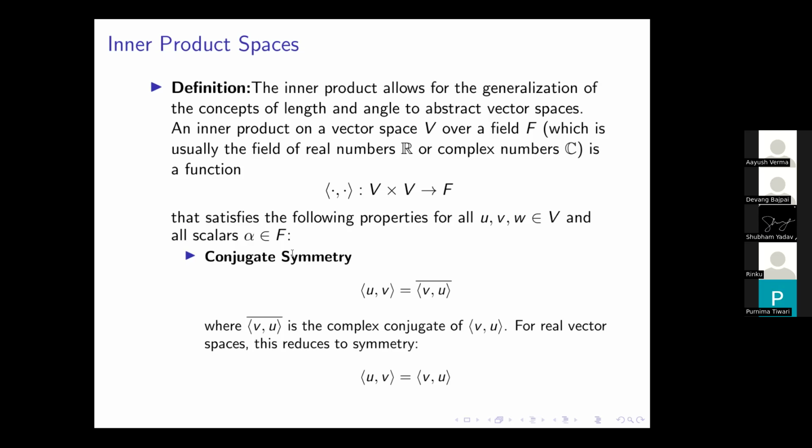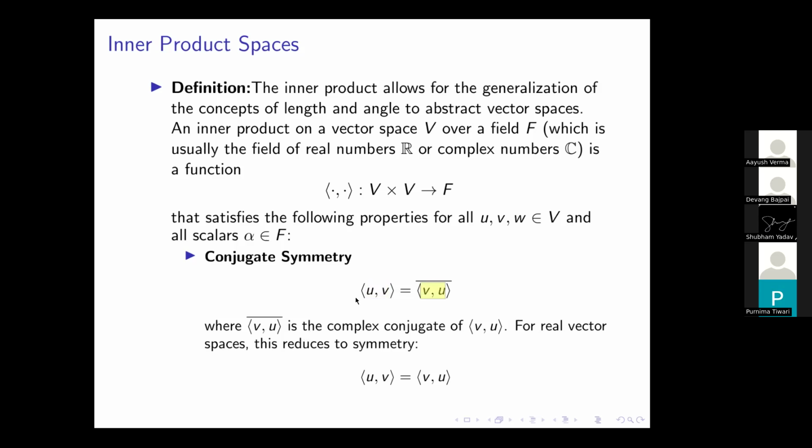Now we will talk about some properties of inner products. Generally we consider a u and v vector. What conjugate symmetry is: if we perform any action between u and v, it will be the conjugate symmetry of its own, just like this. If you perform the action between u and v, it will be the conjugate of the action between v and u.